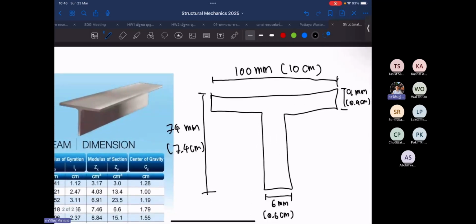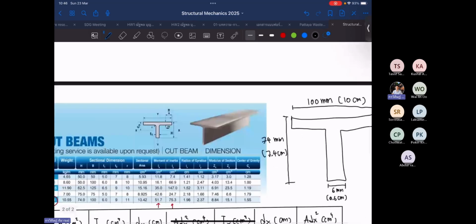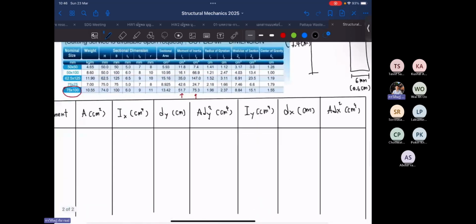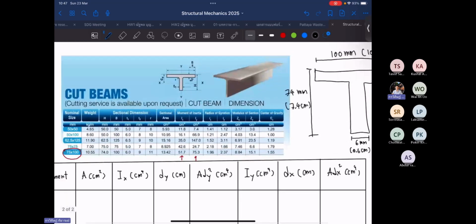And then we have the dimensions of this beam. But as you can see in the formula, we need the distance from the centroid of the component to the centroid of the whole shape. So you have two choices. First, you determine the centroid of the shape by yourself.